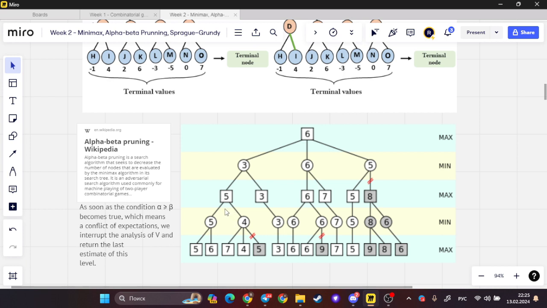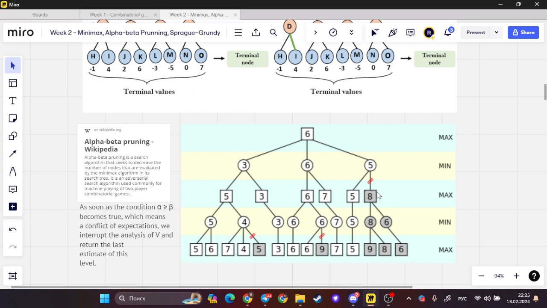So it's not necessary to climb down to some vertex if we meet values that are less than or equal to the value in the previous layer.